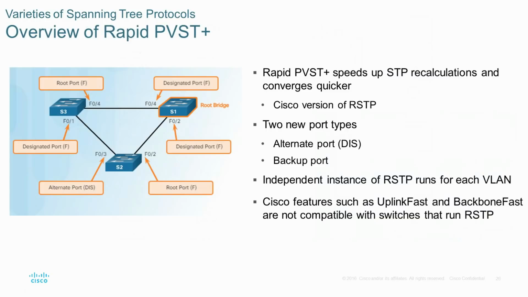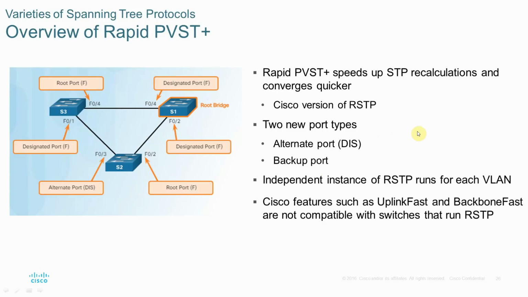It will recalculate the STP in a quick way and converge quickly. In the Cisco version of RSTP there are two new port types: the alternate port and the backup port.